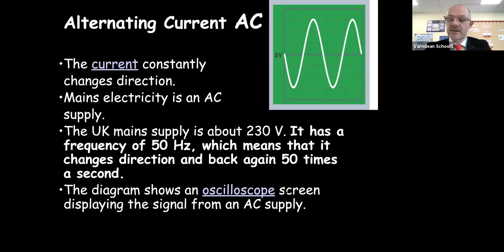Okay, it's an oscilloscope screen. You just need to recognize that word. So this allows us to look at waveforms, for example, from sounds, and it also allows us to see alternating current, if you like, as a visual representation of it for us.